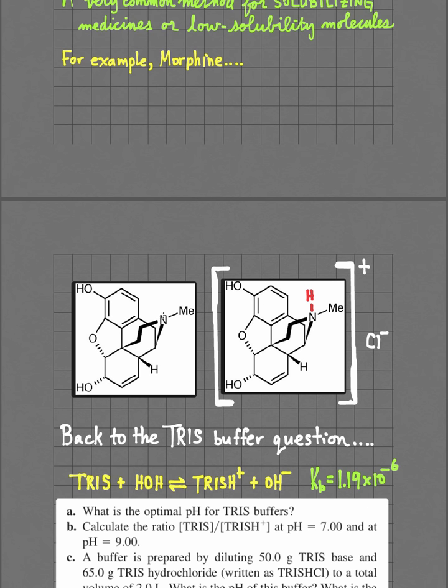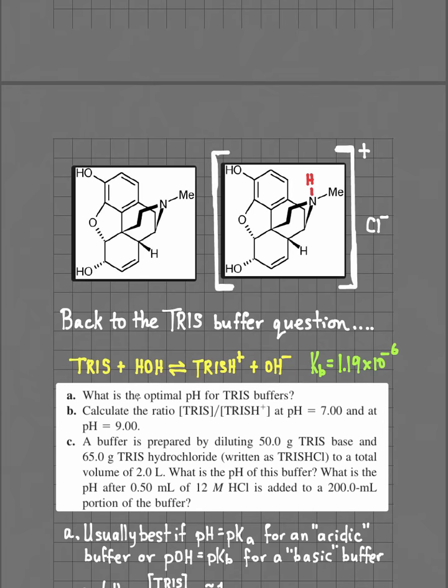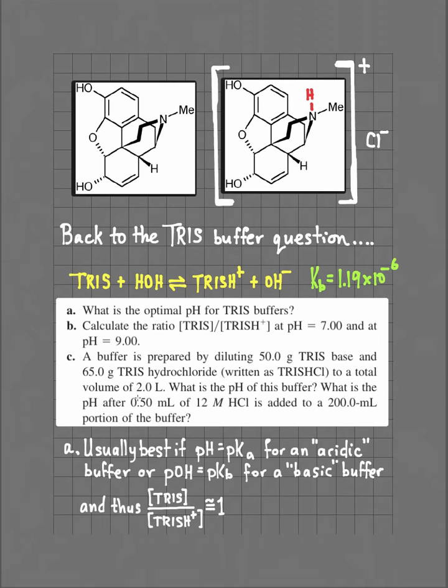There's a nitrogen with a lone pair, and it becomes protonated with a positive charge. To balance the positive charge, we could have some negative charge. So we could call this morphine hydrochloride, and it would solubilize that large molecule, which wouldn't dissolve so well in water without that. Back to the tris example.